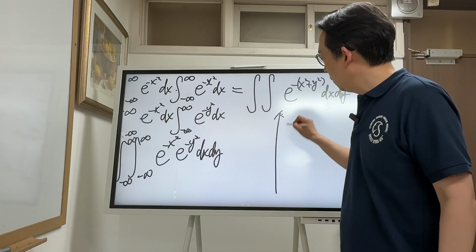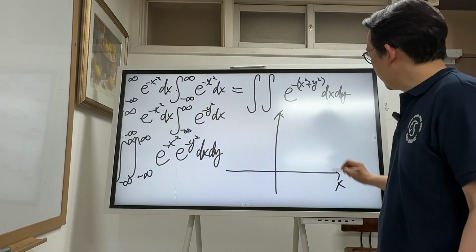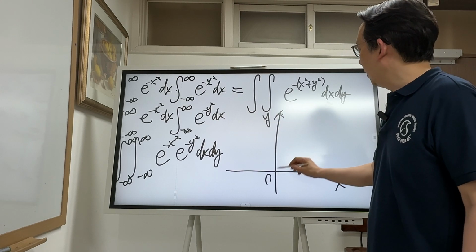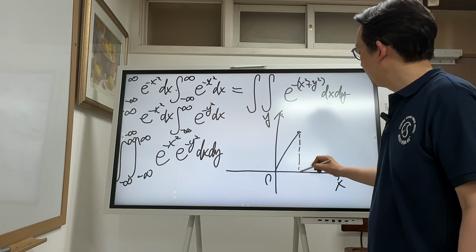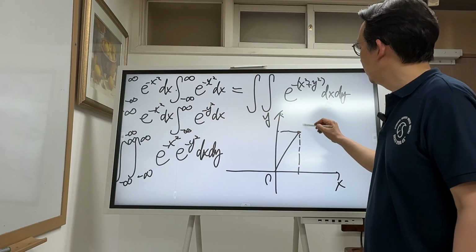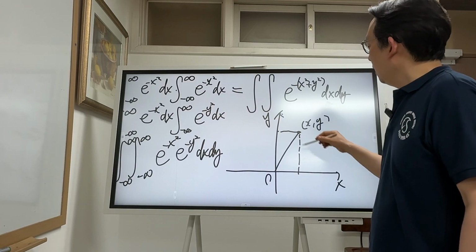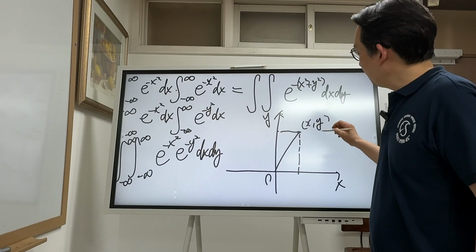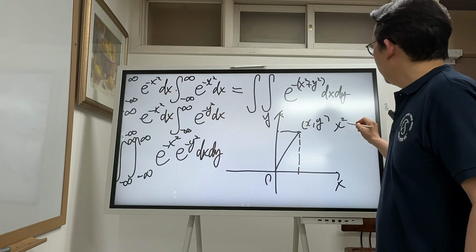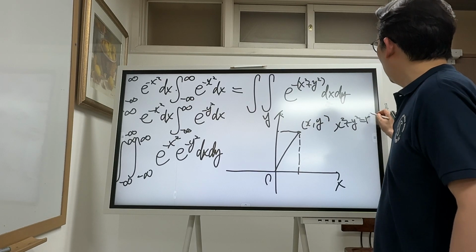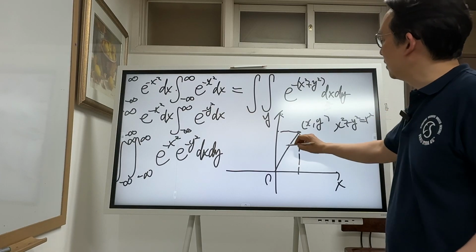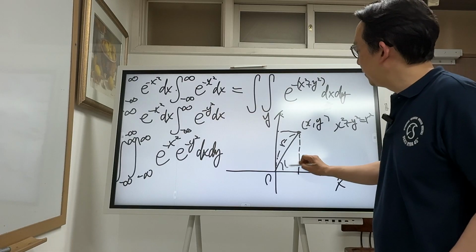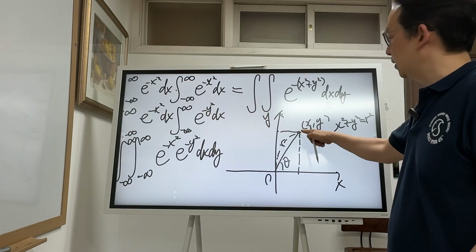If we think about x and y coordinates, with 0 and x and y over here, then x squared plus y squared equals r squared. We can think about this radius and a theta angle that represents this.